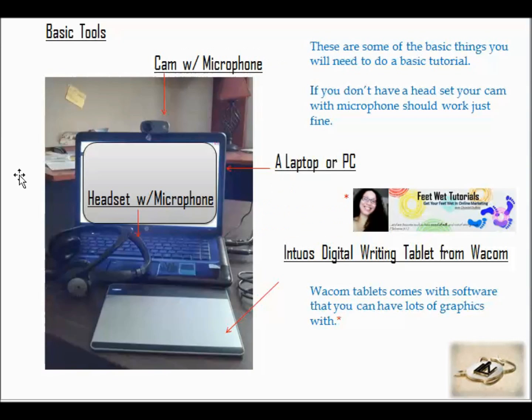I just want to show you a little bit here, as I said, with these tools. Here's my little camera. It has a little mic built into it. And then here's the headset with the mic. And here's my tablet. These are the basic things that you will need to do a tutorial.